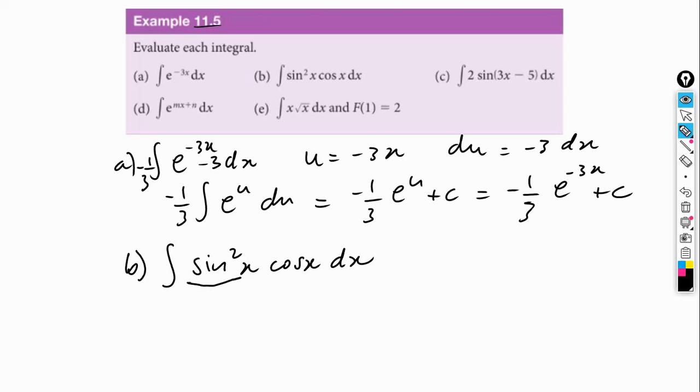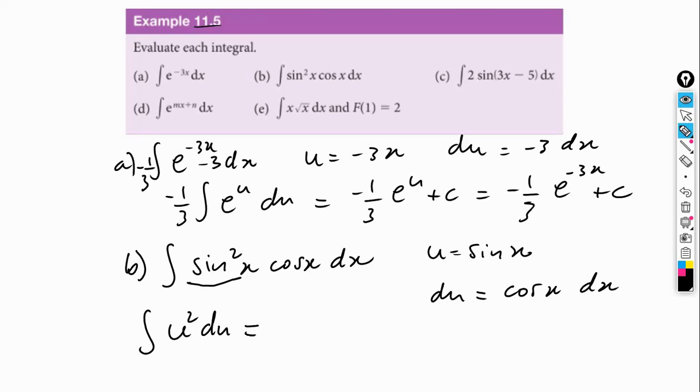So because this one is to the power of 2, you're going to want to make this one your u. So u would be sine of x, and the derivative of u is going to be cosine of x dx. So notice that we're all set up to do the substitution. So this is going to be the same as the integration of u squared du.